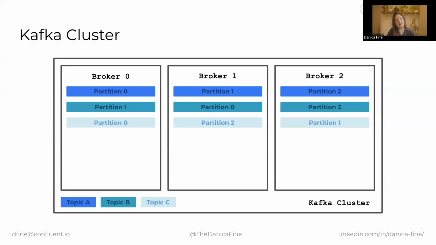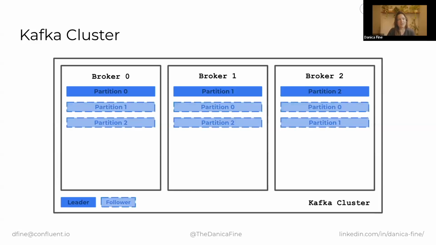But because we have these smaller data sets across our brokers, we can actually replicate the data at the partition level. So looking at a single topic here with 3 partitions, in this case, we have our data spread as evenly as possible across this Kafka cluster.